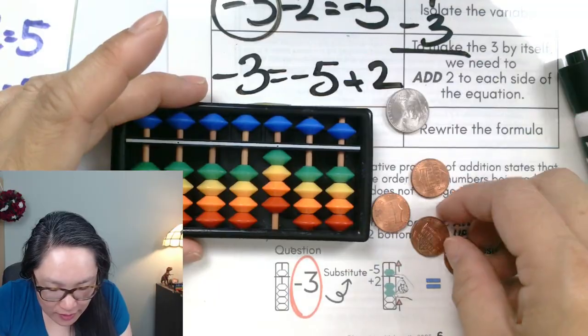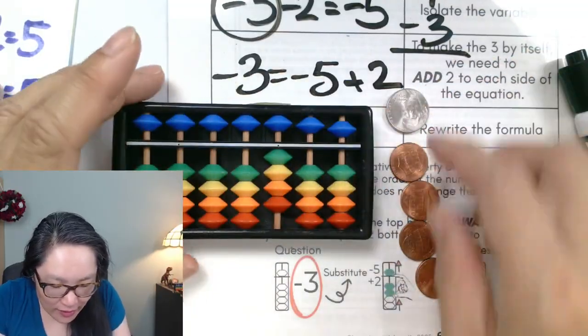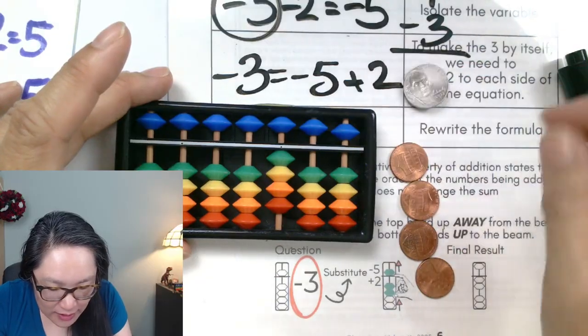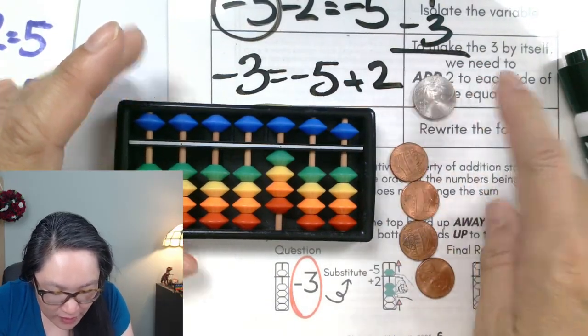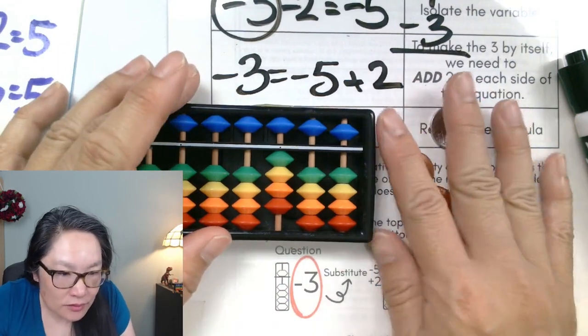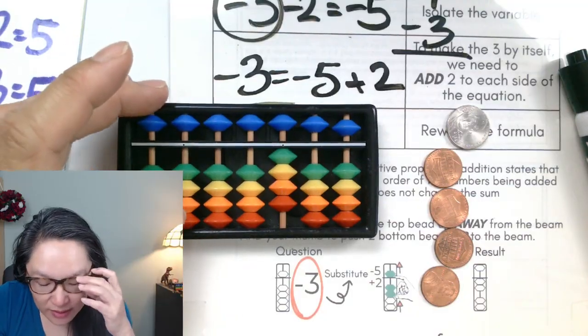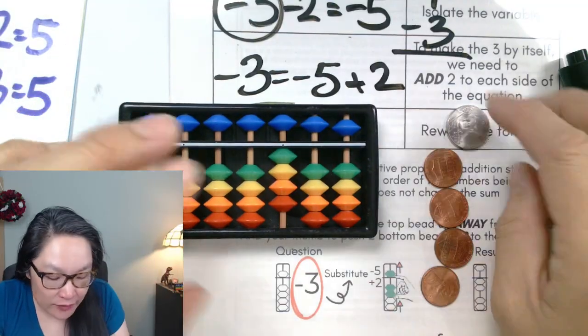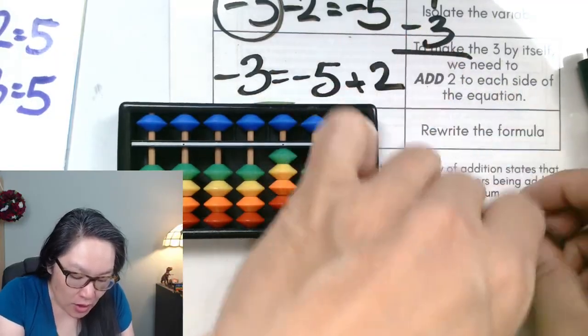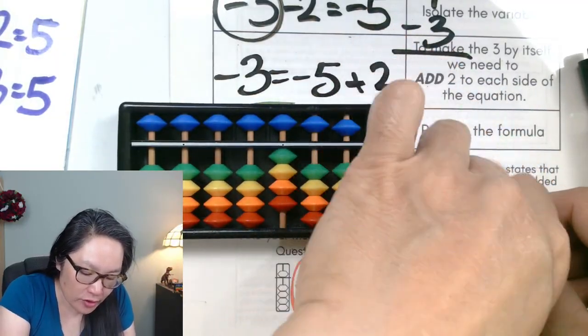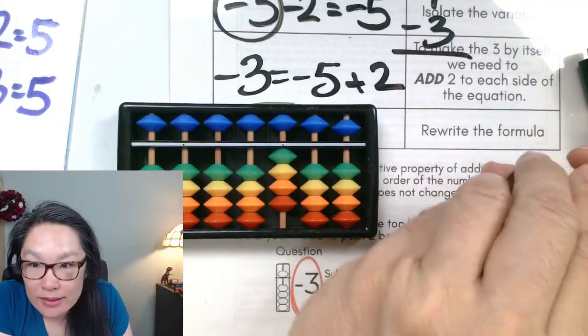You could trade in the nickel and give me a nickel. What they're using in regular school is a bunch of other math manipulatives, and nobody knows how to use the abacus. So I'm here to teach the world, to spread the good word of the abacus.